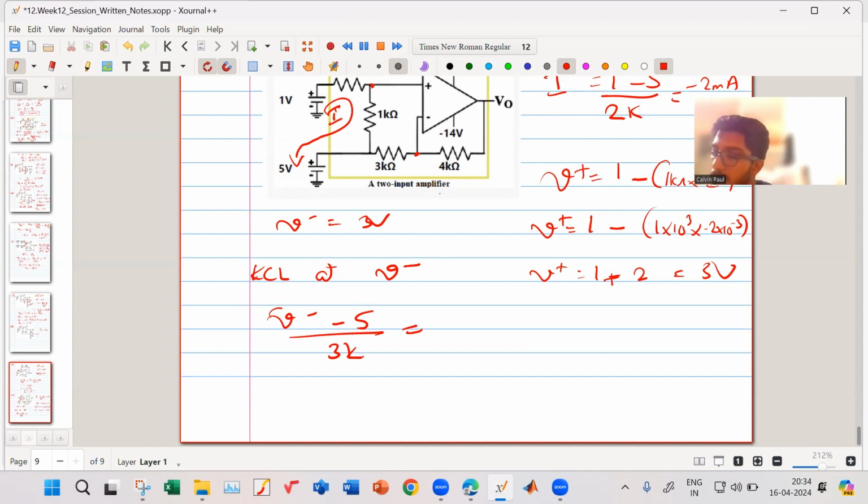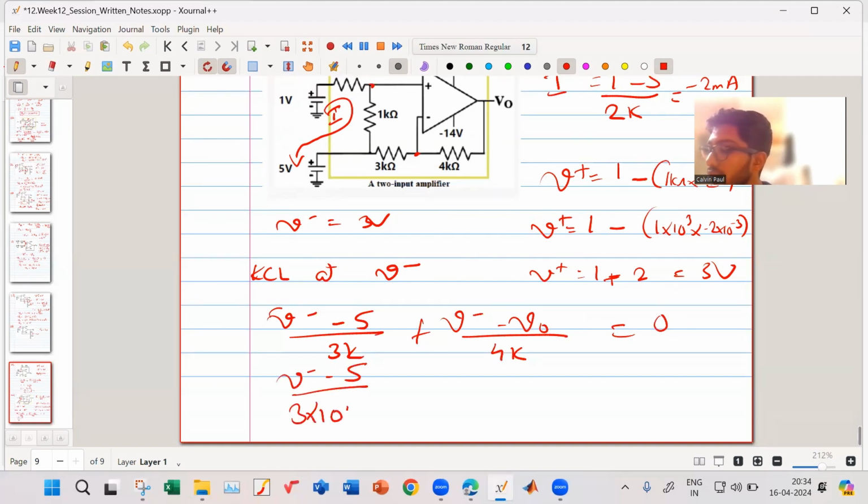Plus minus we can write it, or else V naught minus V dash. So this is V minus V output by 4. So you have V minus 5 on 3 into 1000, plus V minus V output upon 4 into 1000.